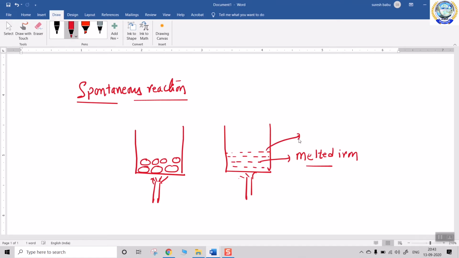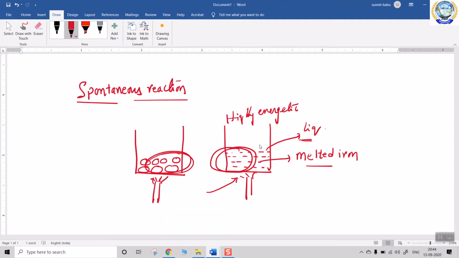It is in liquid state. Now this melted iron gained the heat energy from the heating substance. Now it is highly energetic. That means the energy of this molten iron is greater than the energy of the solid iron, because the iron gained the heat energy given by the heating element.